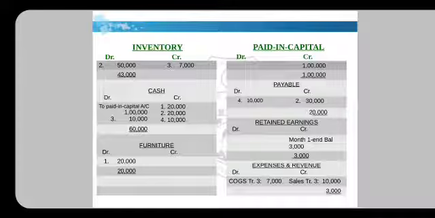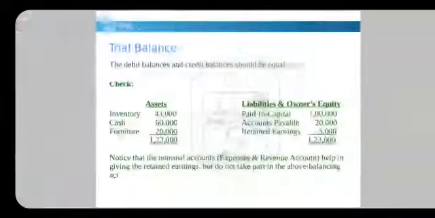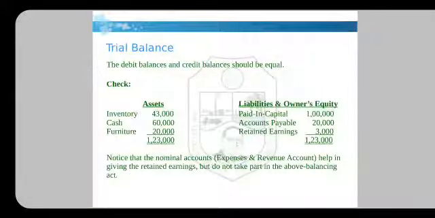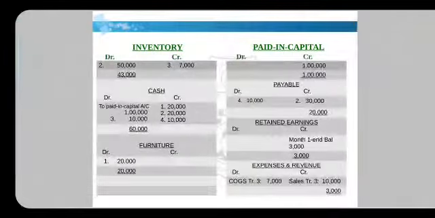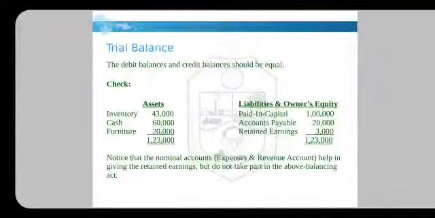This is not considered in the trial balance. So that 3,000 on the side of expenses and revenue is not considered in the balancing act.